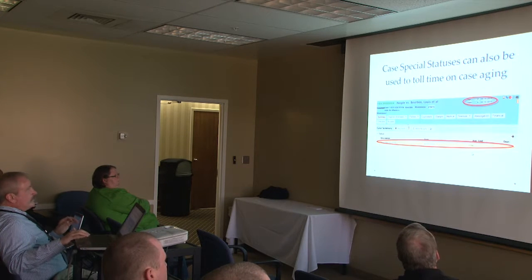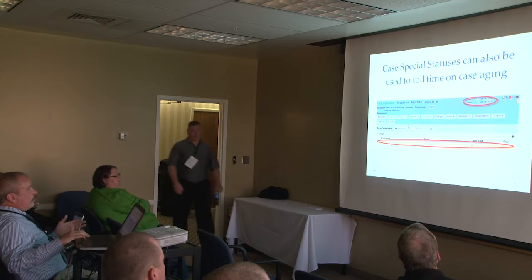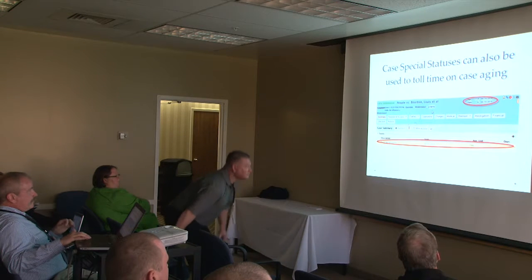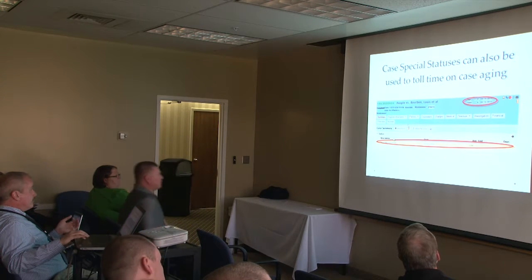1,599 days ago. So from a DCM perspective, the court lost control of this case when the guy skipped. So a bench warrant has been issued for his arrest. There's nothing that the court can do to dispose of this case until the guy is picked up.